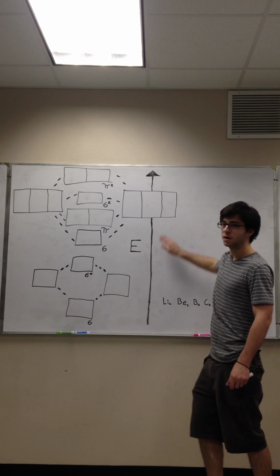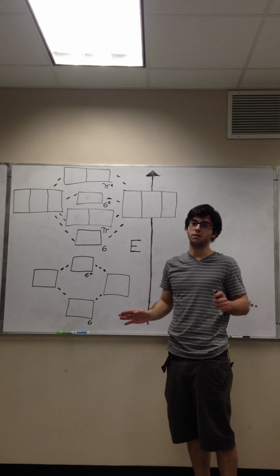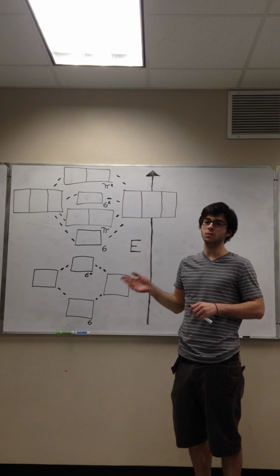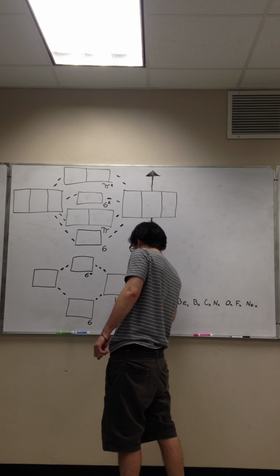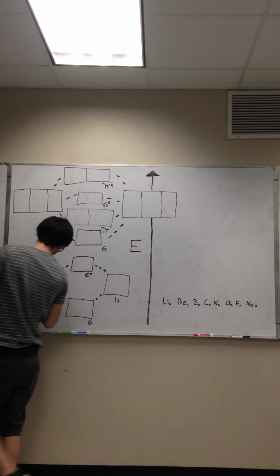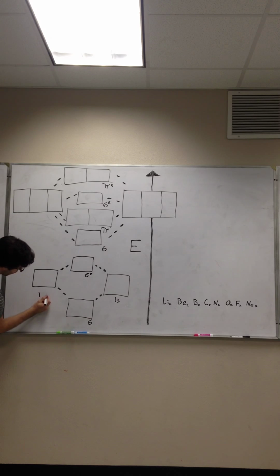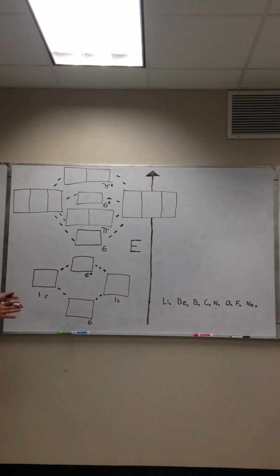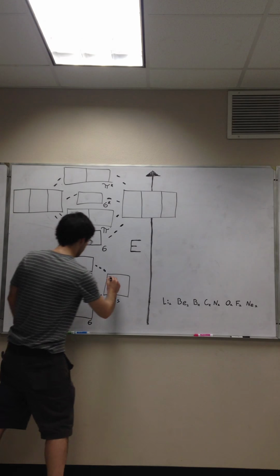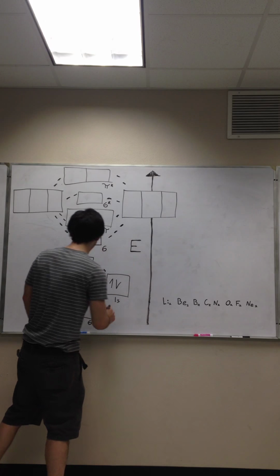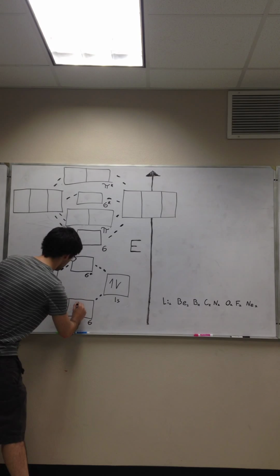But one thing I'm going to demonstrate is that all of our elements will have a full s orbital. So just to display that, all of our elements of our diatomic molecules in the periodic table will have a full orbital level filled up like this, and it's very similar to our 2s, which we'll see in a minute.